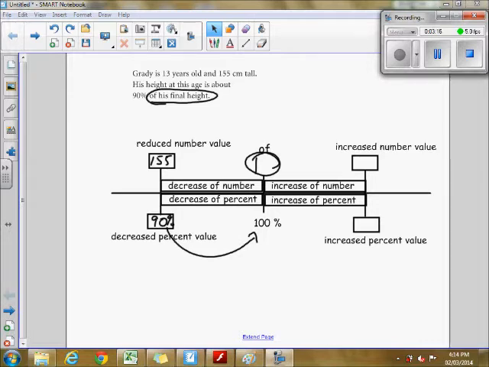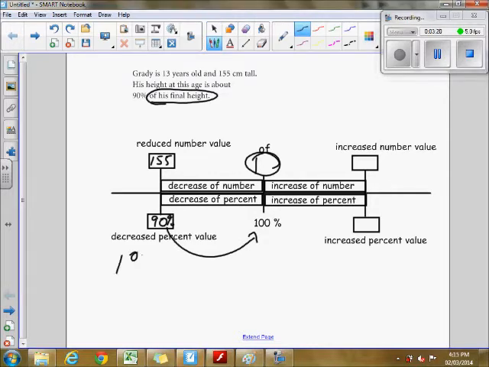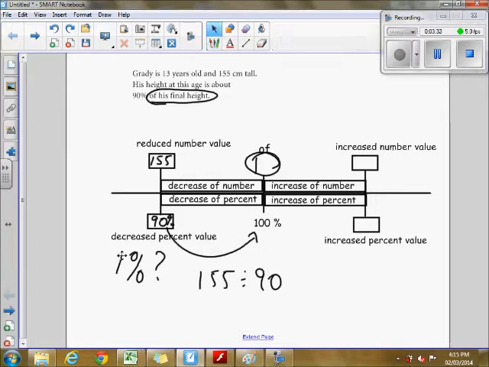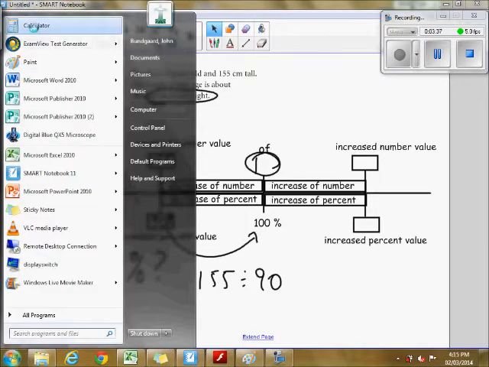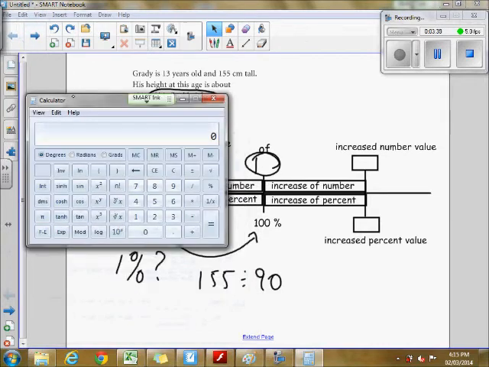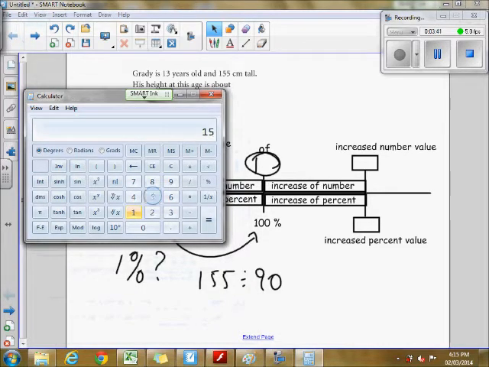One strategy is to divide or find out how much 1% is. So to find out how much 1% is, we can go 155 divided into 90 pieces. Taking the calculator out, 155 divided by 90, and we get 1.7222222 and so on.